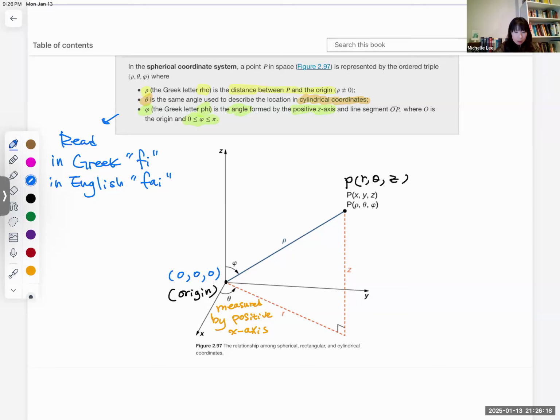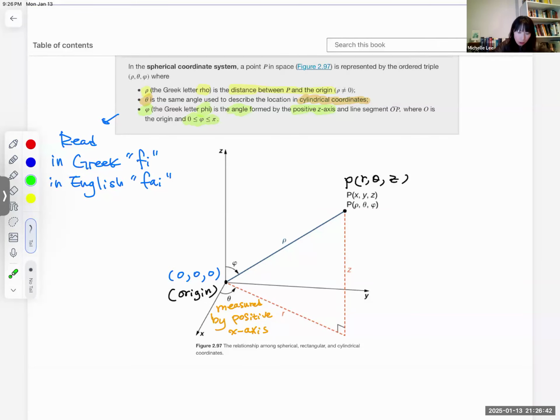Sometimes I will read it the other way because I learned that way when I was a student. But if I use that, people may get confused with pi, right? We have a pi, yeah.